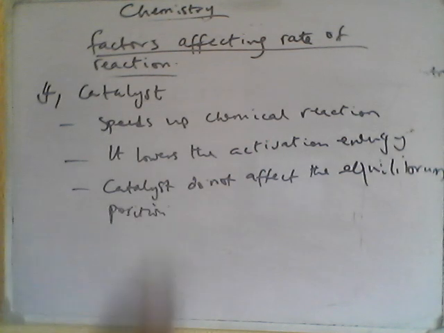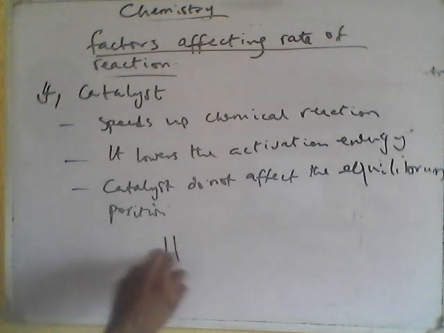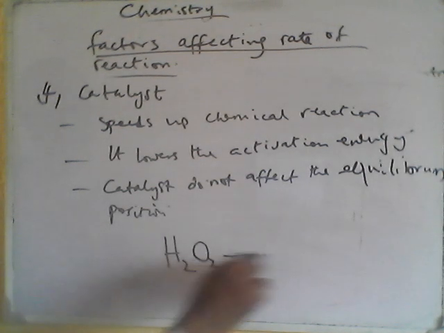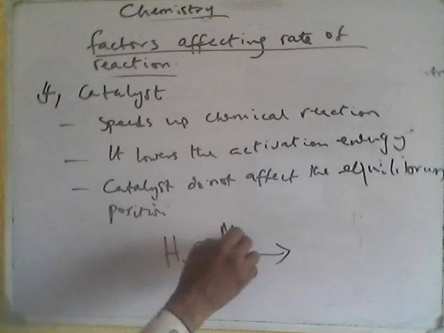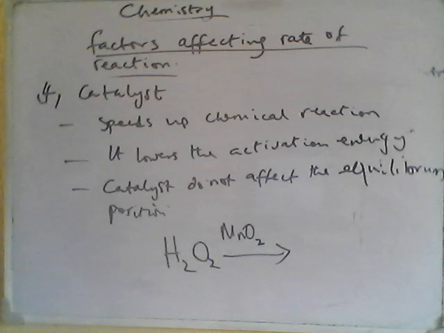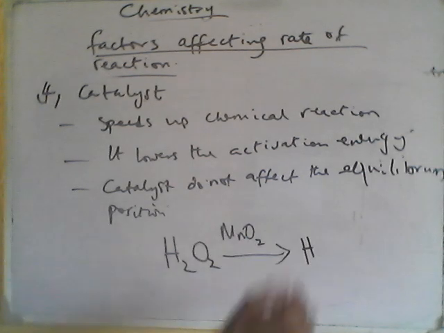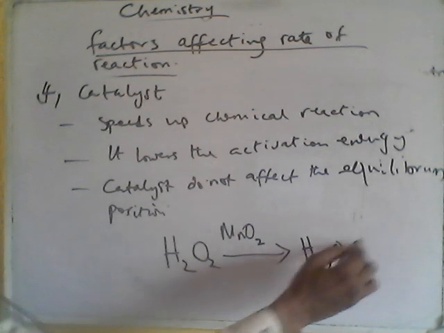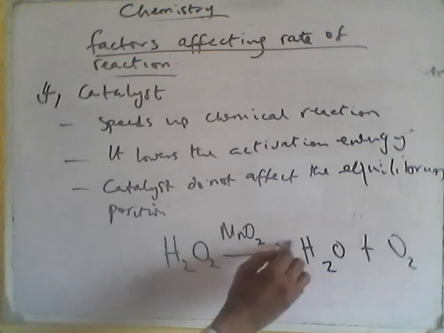Okay, so for example, manganese(IV) oxide is a catalyst. It speeds up the decomposition of hydrogen peroxide. So when you put manganese(IV) oxide, you now have it broken down into water and oxygen.